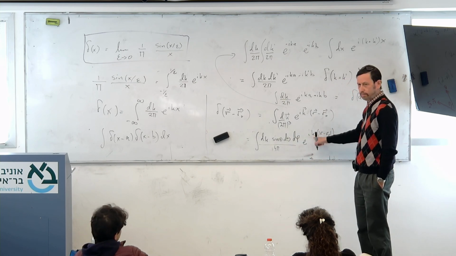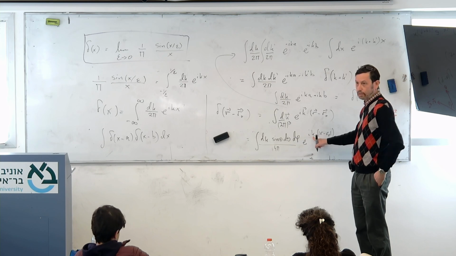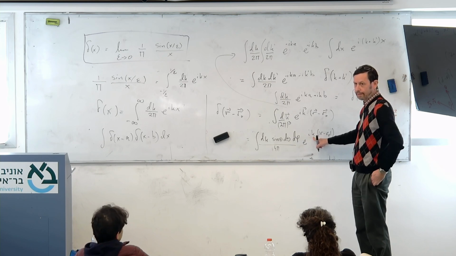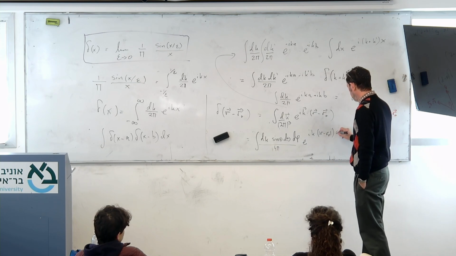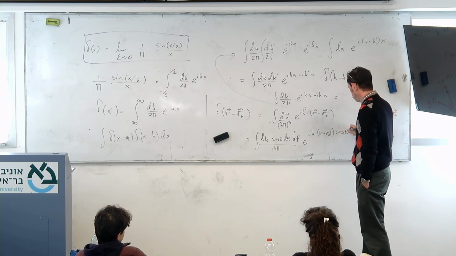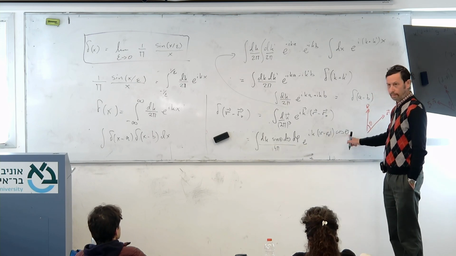I don't bother to write here between, the absolute value of k, because in polar coordinates it's always between 0 and infinity. Okay?